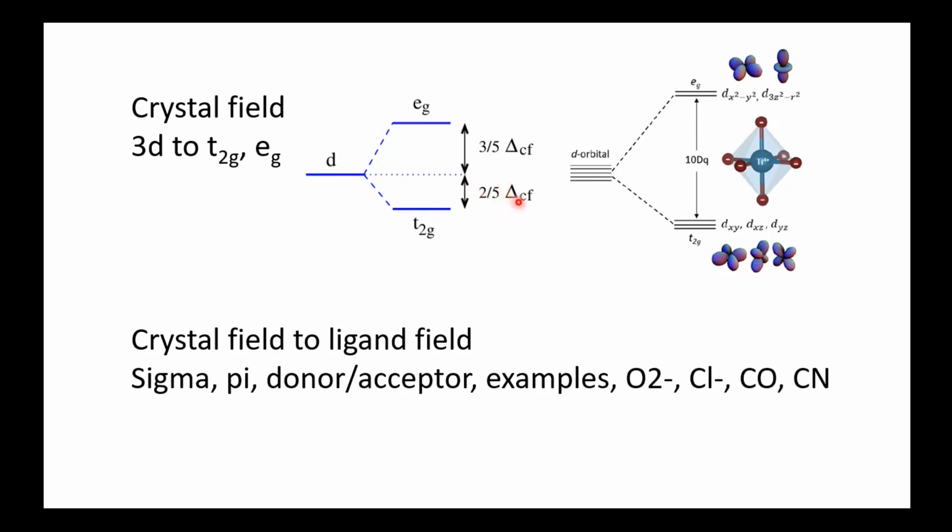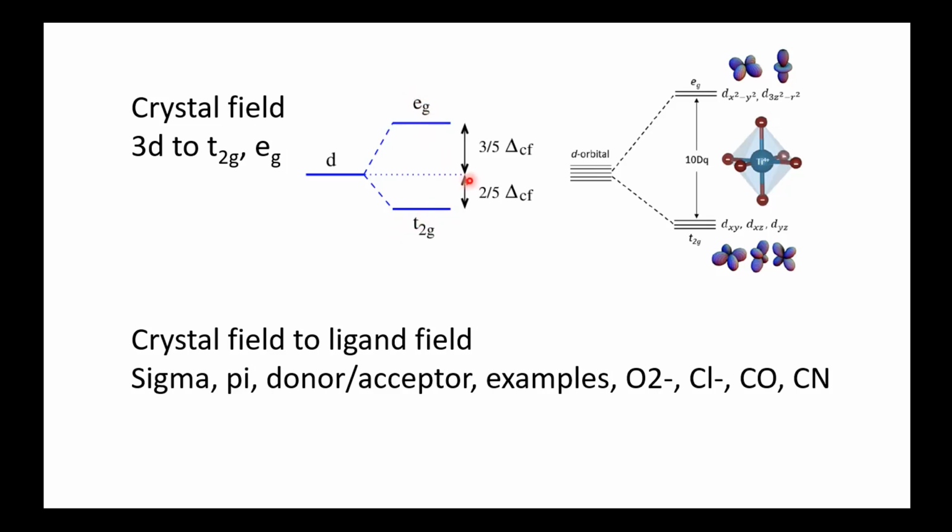And this delta CF stands for the energy of the crystal field. This is something that can be calculated either from the spectra or from theoretical calculation, sometimes also termed as 10Dq. So with that number, we can calculate how much energy is lower if we have 3 electrons sitting on the t2g. And likewise, if we have, for example, a high spin configuration for the 3d5, so we have 3 electrons on t2g and 2 electrons on eg.